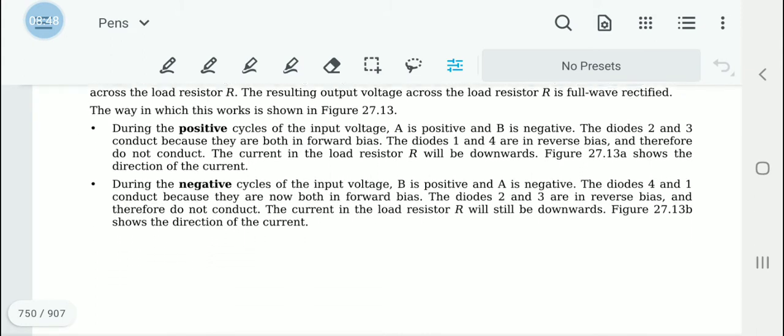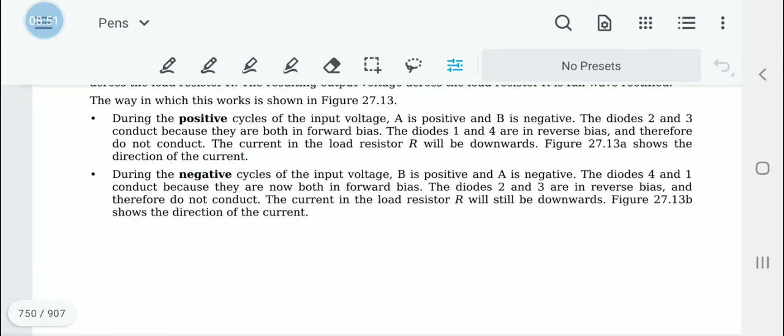Underneath that, write: during the positive cycle in the input voltage, A is positive and B is negative.